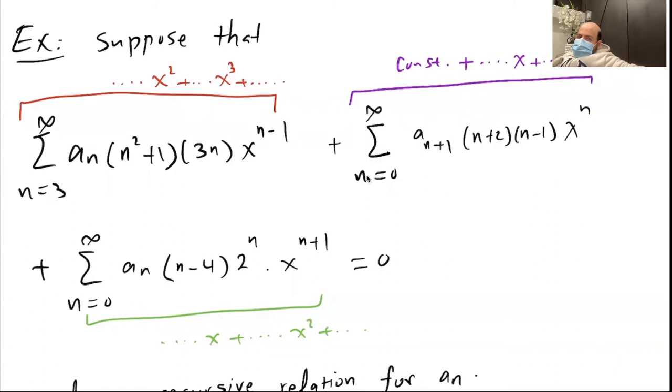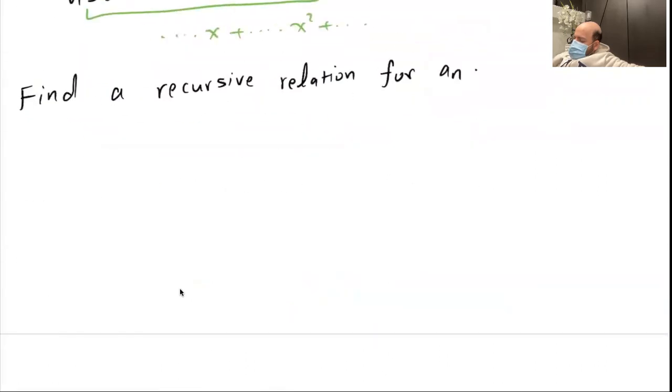But before that, for the constant term and x term, I have to separate them because this sigma does not include any constant term or x term, and this sigma doesn't include any constant term either. So let's separate the constant term and the x term.